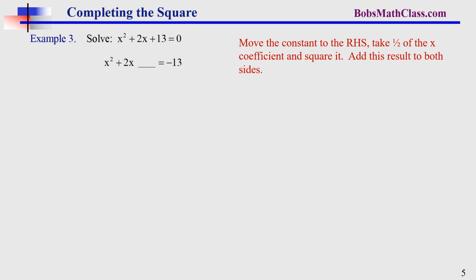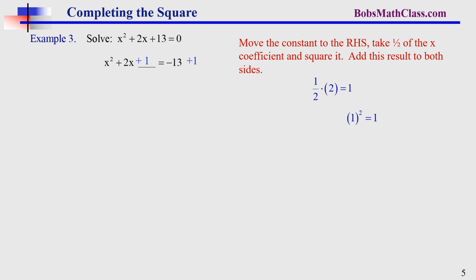Okay, half of the x coefficient is 2. So 1/2 times 2 is 1. And then what's next? Right, you square it, which is still 1. So that 1 gets added to both sides.